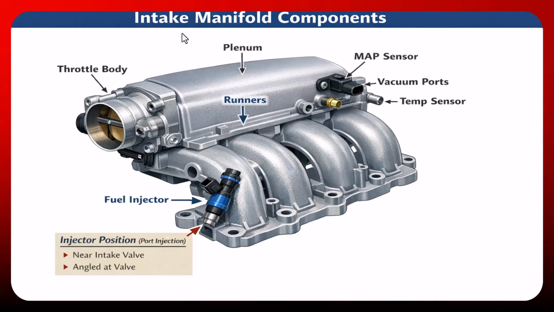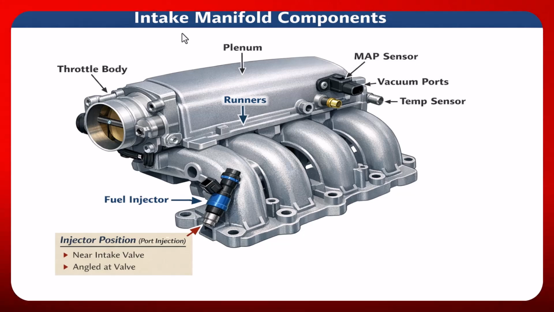The older design is throttle body injection. The injector sits before the manifold, and the fuel-air mixture splits inside the plenum, which is less precise than port injection. And in modern engines, we have direct injection.